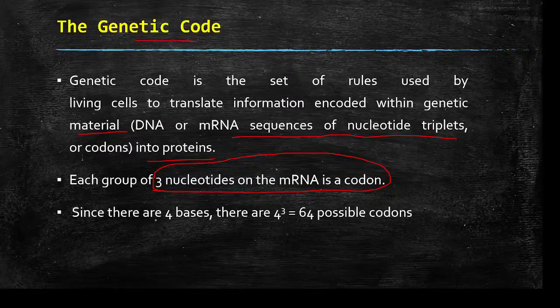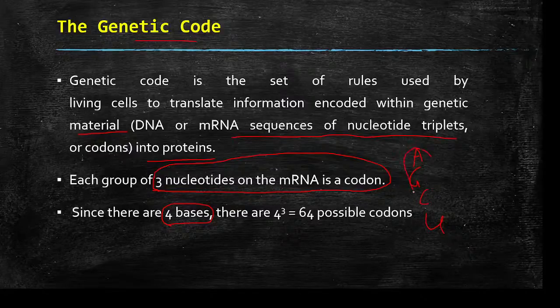Okay, so there are 4 bases in mRNA, that is adenine, guanine, cytosine and uracil, AGCU. So there are 4 bases and each codon is a combination of 3 nucleotides.